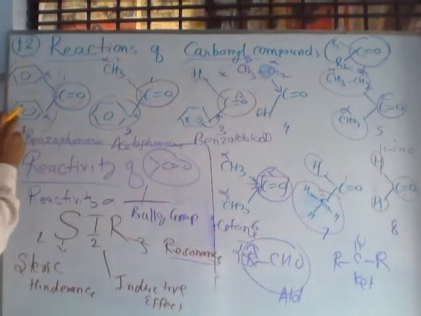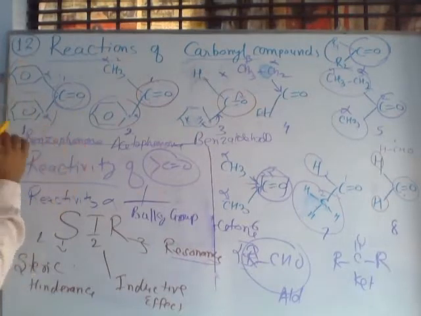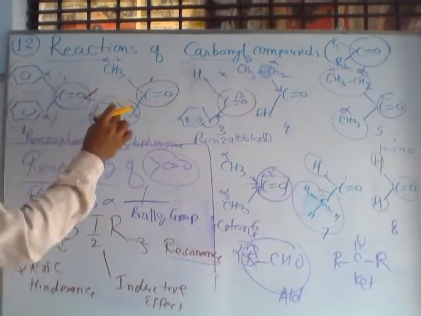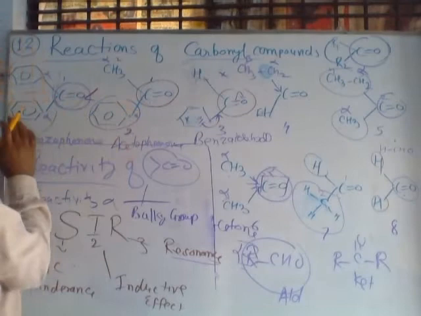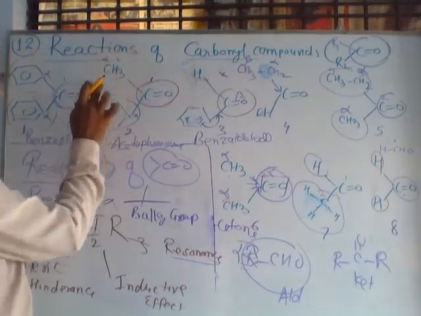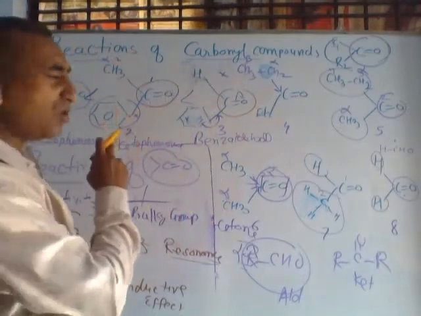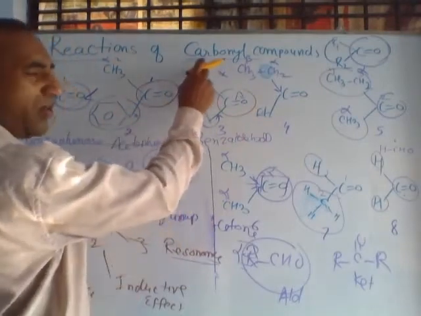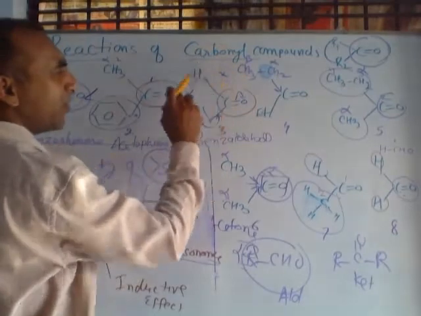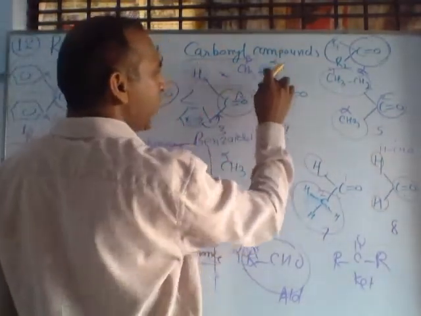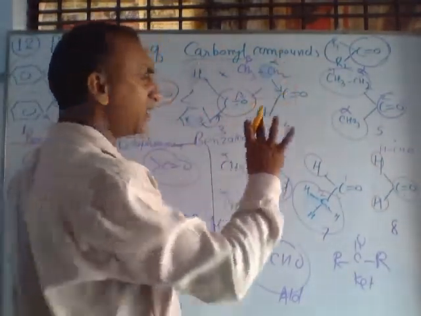This one has resonance and is more steric, so it is least reactive. This is more reactive than that compound because here no benzene ring is present. Benzaldehyde is more reactive than acetophenone due to the presence of hydrogen; hydrogen provides space for attack. This is diethyl ketone.